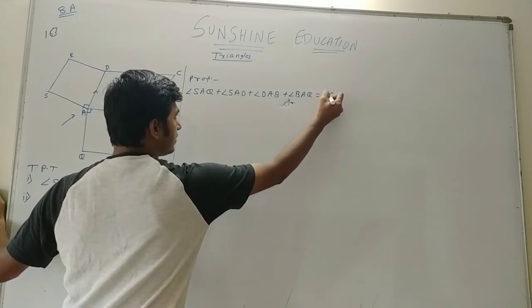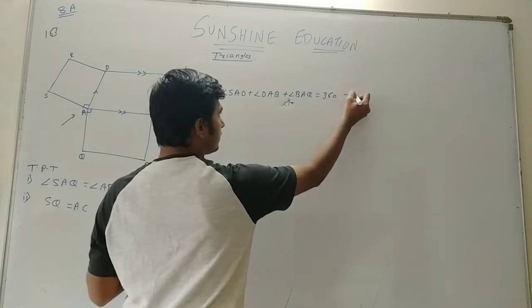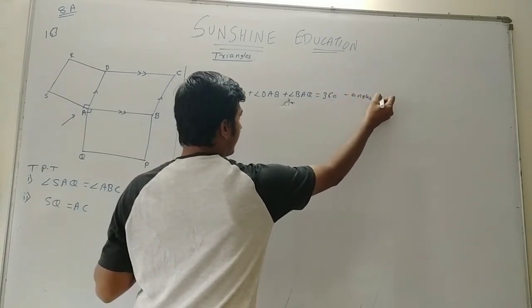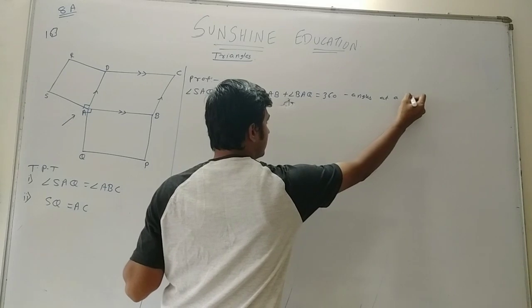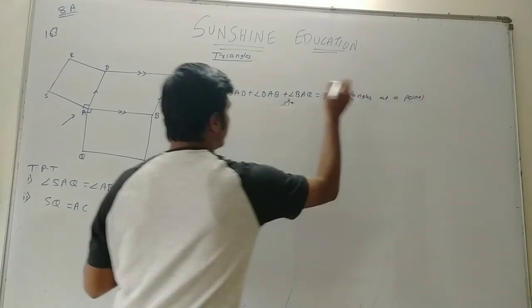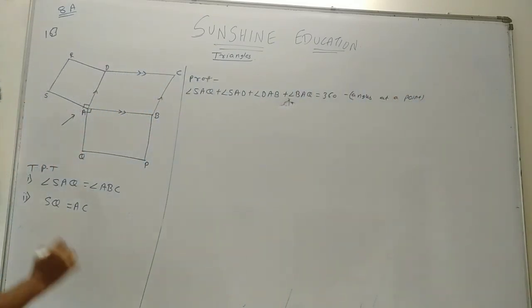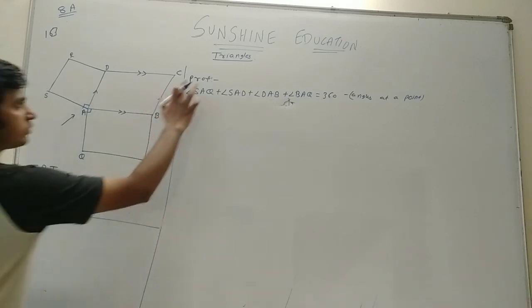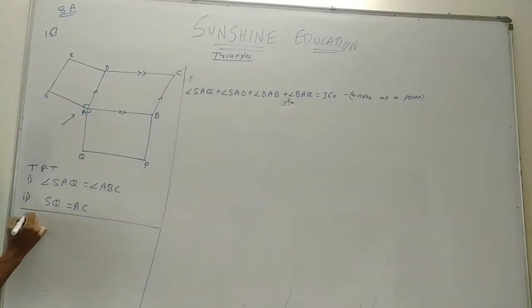Is equal to what? 360. Angles at a point. Okay. Pay attention. I will write the proof over here because I have missed something.